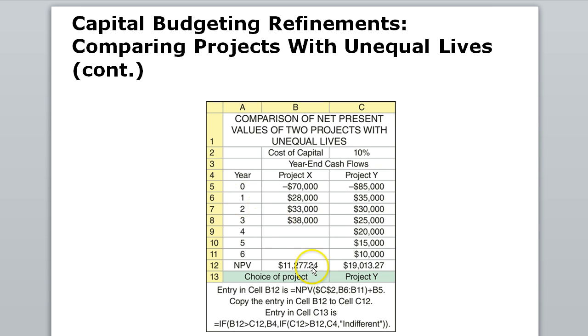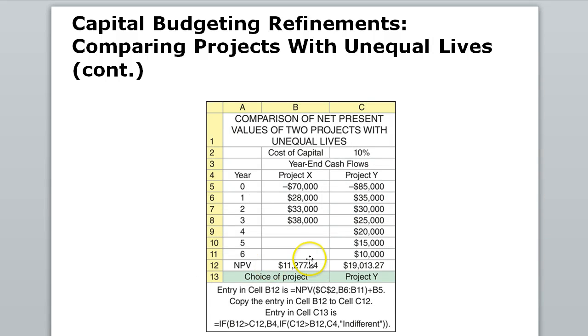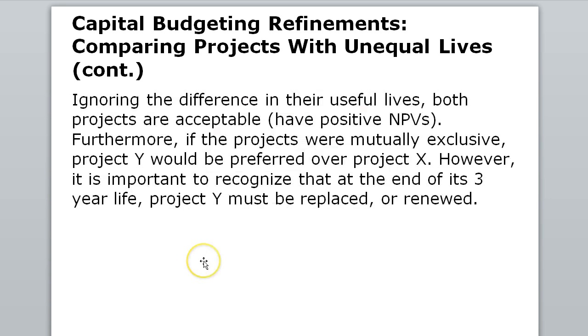But that's not really comparable, because this is 19,000 over 6 years and this is 11,000 over 3 years. So which is better? If we ignore the lives of the projects, that makes it easy. If we don't really care about the length of the project, then we would choose project Y over X because it has a higher net present value.